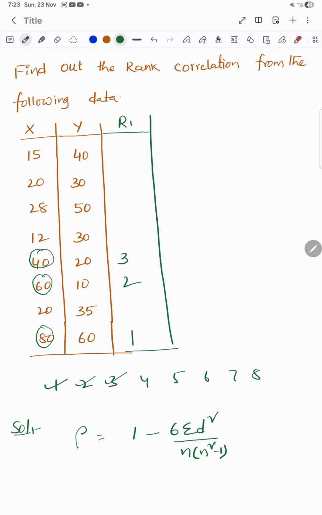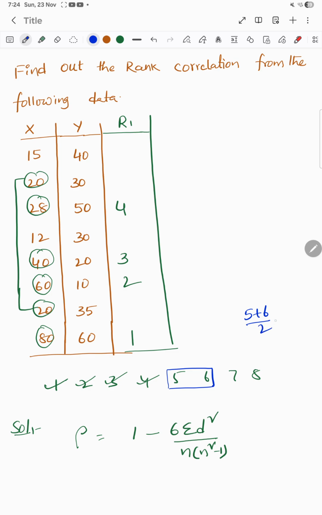Next highest is 28, which will be given fourth rank. Next highest is 20, but we have two 20s. So when we have repeated observations, that is 20 repeated 2 times, we need to take the next 2 ranks, that is 5, 6, and for these we take the average: 5 plus 6 by 2, that is 11 by 2, which is 5.5.